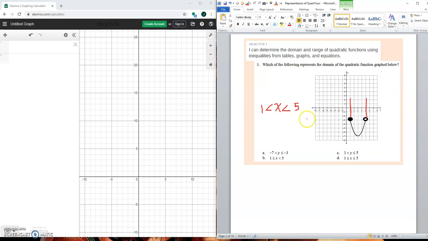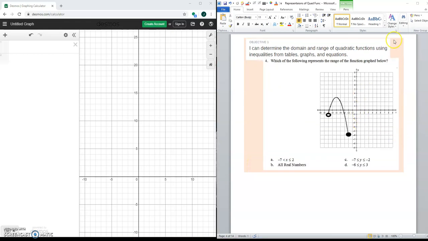Then you go back and analyze your endpoints. Right here, your endpoint is shaded, so that has an equal sign at the bottom, while this one has none, so you leave it that way. So in this case, your answer is letter B.